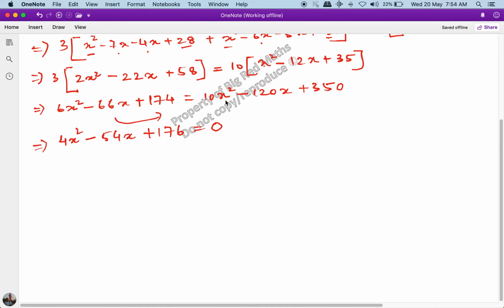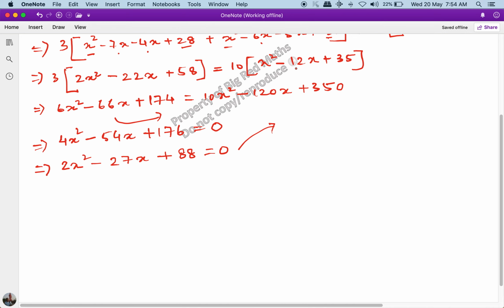Because these numbers are huge, let me just verify it once. 10x square minus 6x square is 4x square. Minus 120 plus 66 is minus 54, and 350 minus 174 is 176. Yes, so this is correct. Now I'll divide everything by 2, so it will be 2x square minus 27x plus 88 equal to 0. This is the quadratic equation that you actually have to solve.